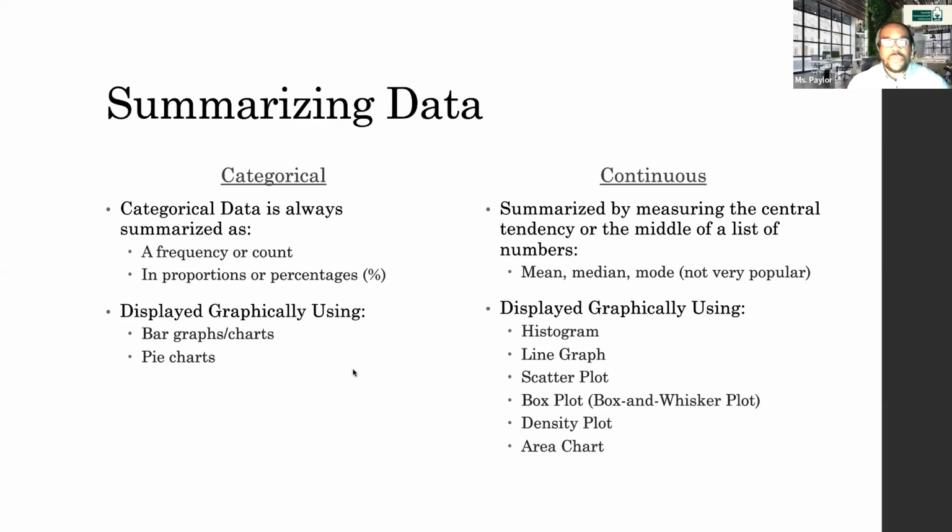If we have a room full of students, we can count the number of those born male and the number of those born female, or who refer to themselves as male or female, and then come up with a count, and then also out of the whole come up with proportions or percentages of those two groups.